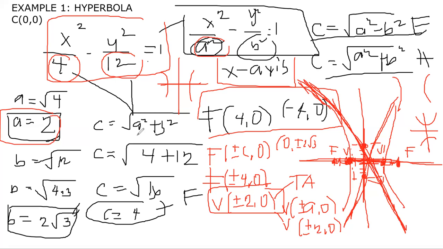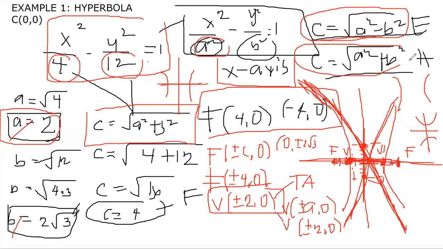And then, hanapin natin si C, kasi nahanap na natin si A at B. How about C? In ellipse class, pag hinahanap natin si C, ang ginagamit natin ay minus. Sa hyperbola, plus, okay? C is equal to square root of A squared plus B squared. So, substitute, what is A squared?